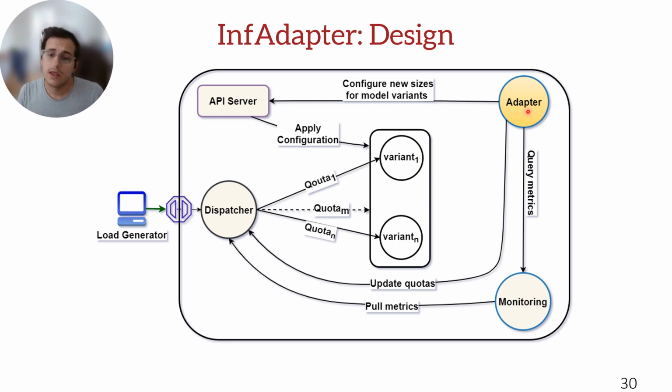At the same time, the adapter that runs the resource allocation and model switching model queries this monitoring and makes new decisions. And these new decisions are going to be applied via our API server. And this API server basically applies new models or replaces models.